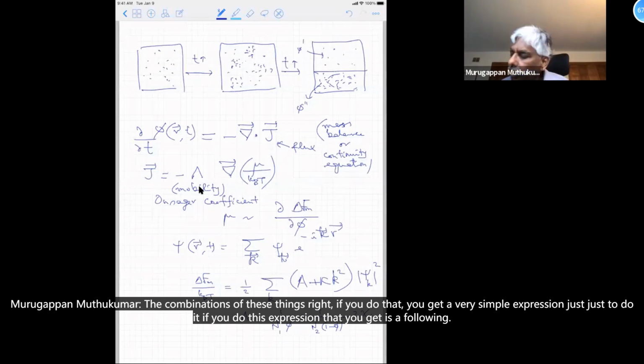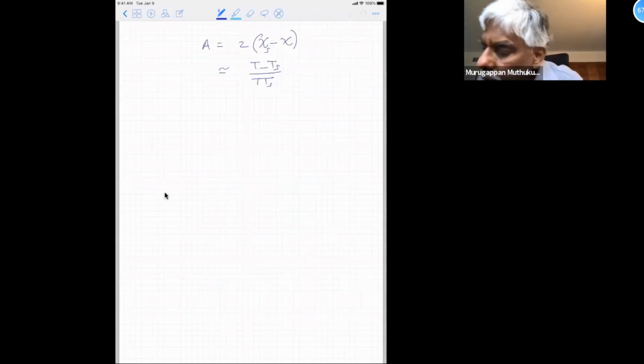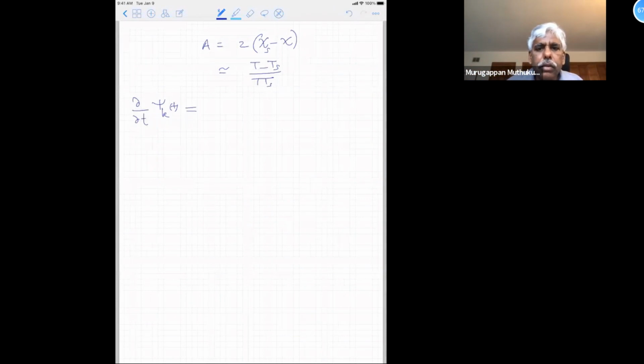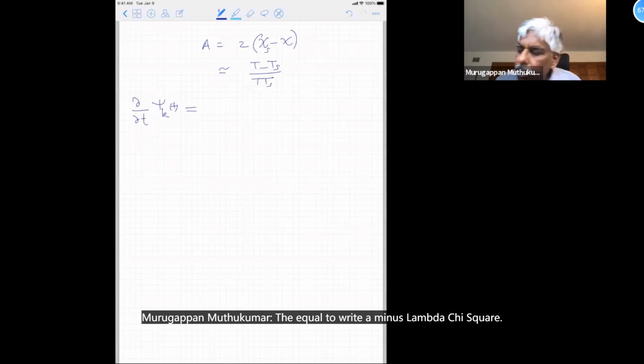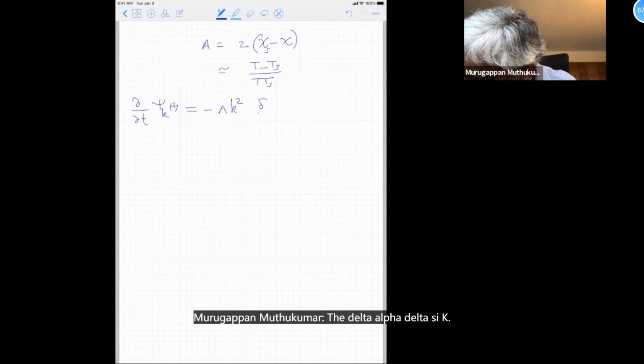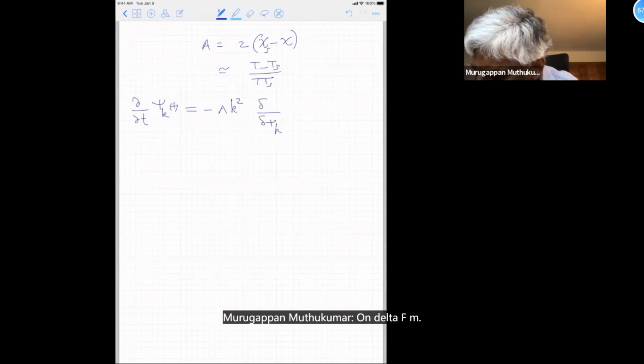The expression that you get is the following: d by dt of psi k,t is equal to minus lambda k squared times the derivative of delta Fm with respect to delta psi k.